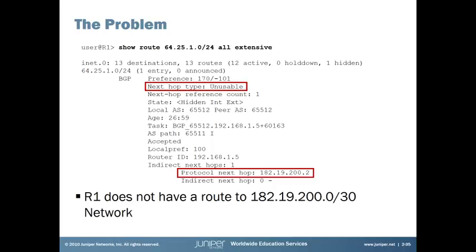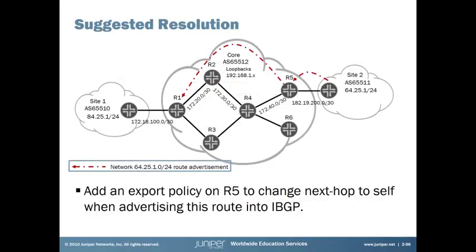So let's find out why R1 can't use that particular route. If we take a look at the show route extensive for that prefix, we find that the next hop type is unusable, and the next hop is in fact 182.19.200.2. So why is that the advertised next hop? Let's go back and take a look at that slide.